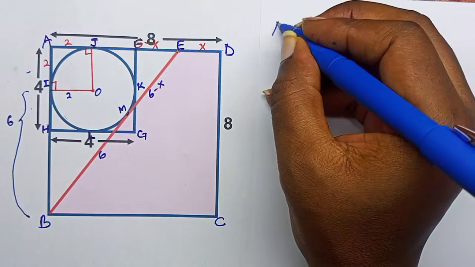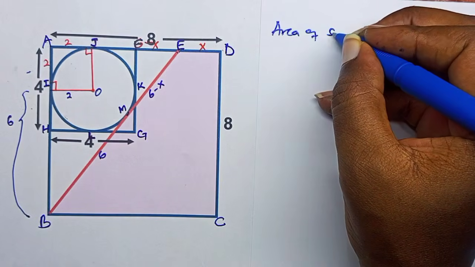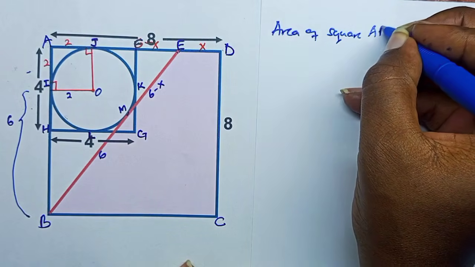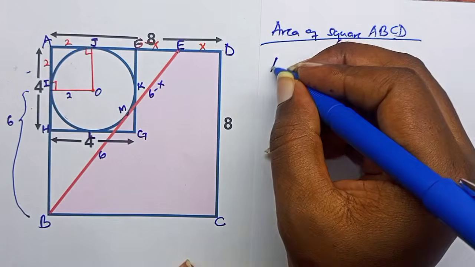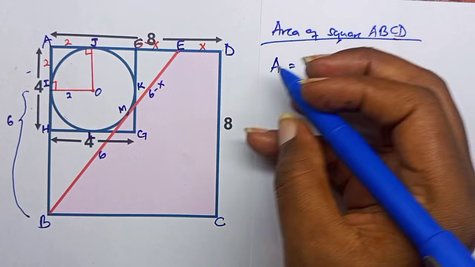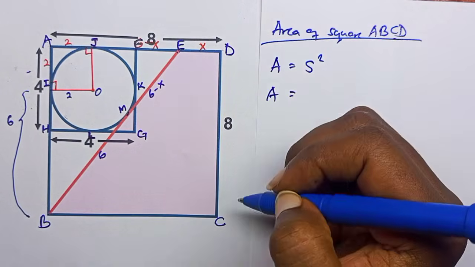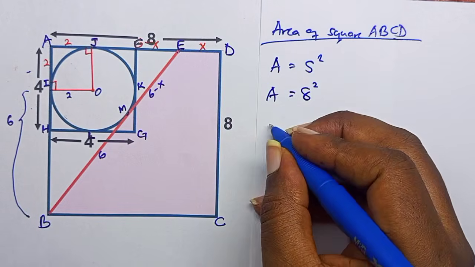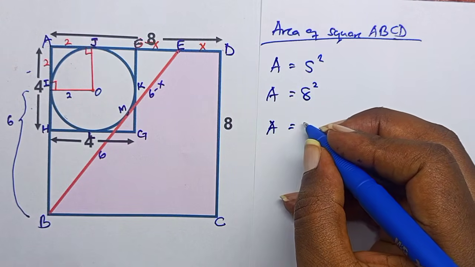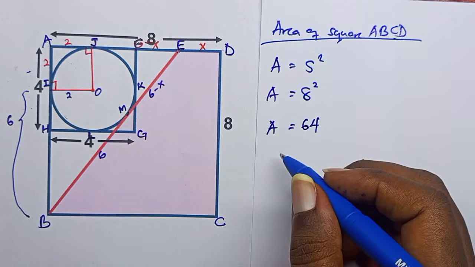So first, let's find area of square ABCD. We know that area is side squared, and the side of the square is 8, so 8 squared. So the area of the square is 64 square units.